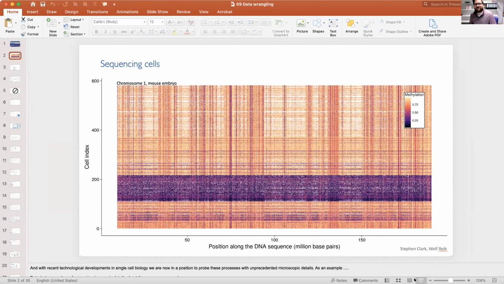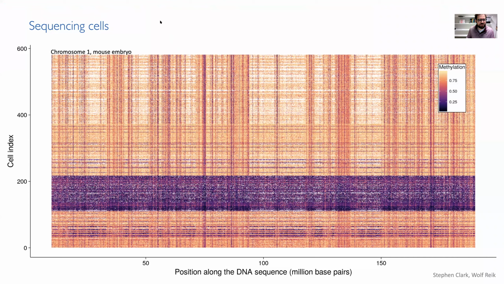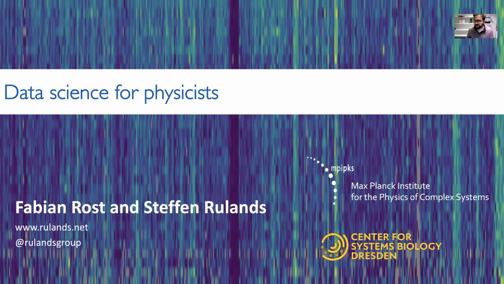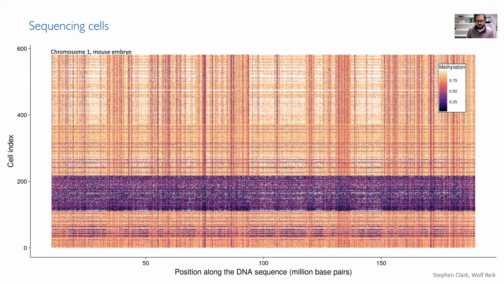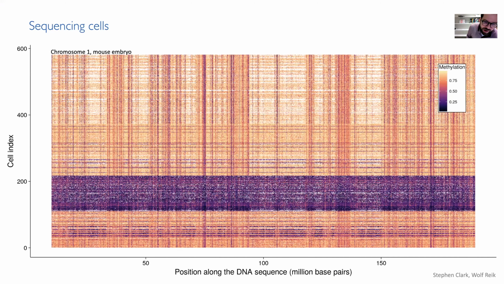Okay, let me stop sharing. Let me share desktop maybe. Can you see the title slide? Yes. Now the first slide, the sequencing cells? Yes. And now another slide. Yes. Okay, great.